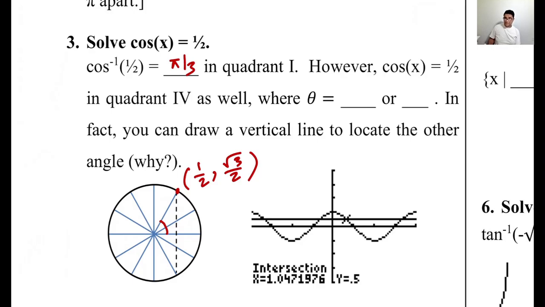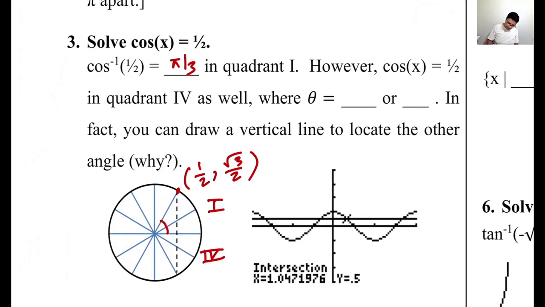However, cosine is the x coordinate, right? And the x coordinate is positive in the first quadrant as well as the fourth quadrant, where theta, now if you make this full angle rotation, you can say theta is, if that angle is pi over 3, you can call this angle down here as, how many?